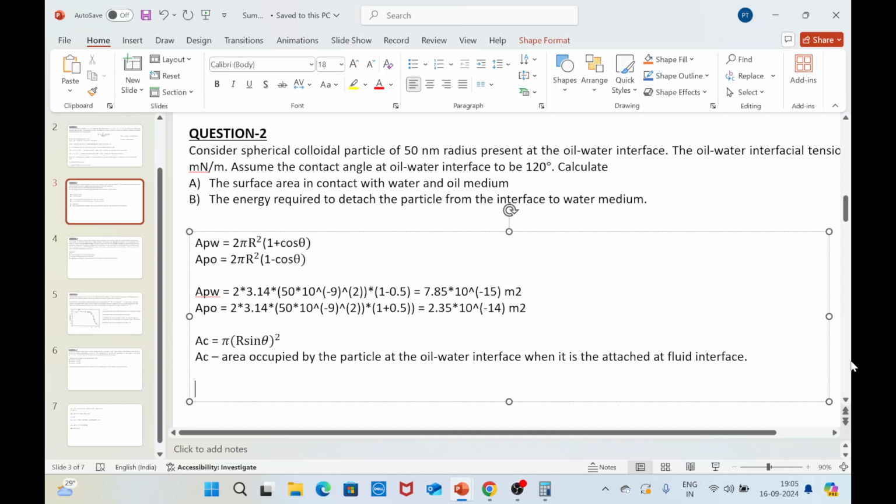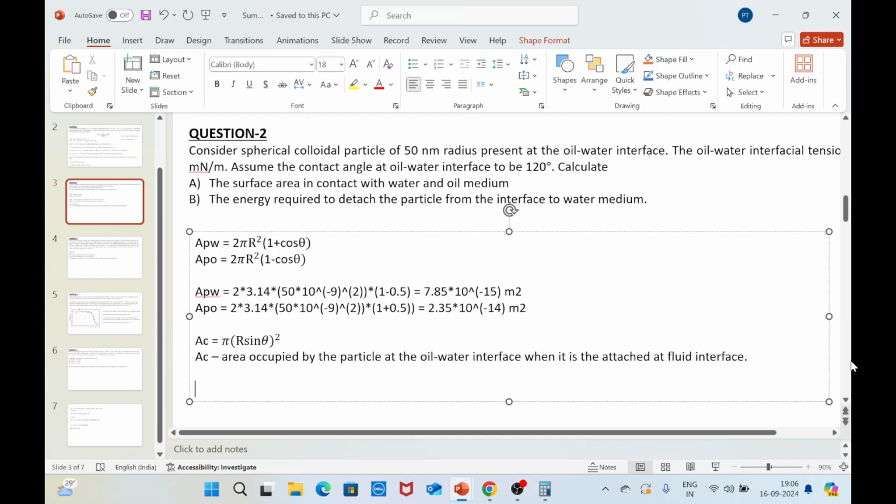Suppose now I want to take the particle at the interface to one particular medium, or to be more specific, I want to detach the particle from the interface and move it into a particular medium, either oil or water.